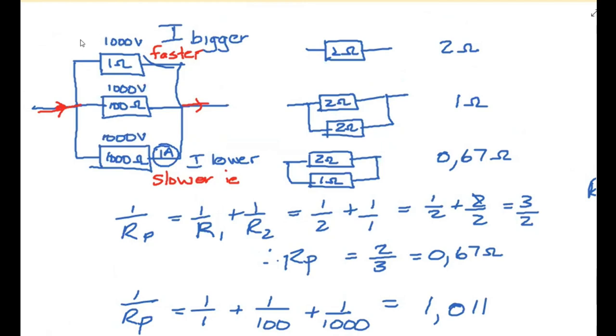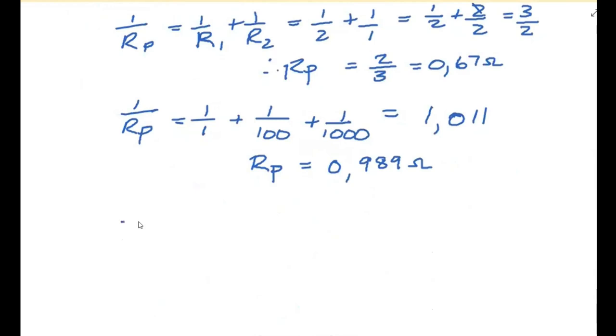So to get 1000 volts through this 1 ohm, remember, V is I times R. If R is 1, what is I going to be if I need to end up with 1000? That means my current here is going to be 1000 amps. And here it's going to be 10 amps. 10 times 100 gives me 1000. 1000 times 1 gives me 1000. 1 times 1000.